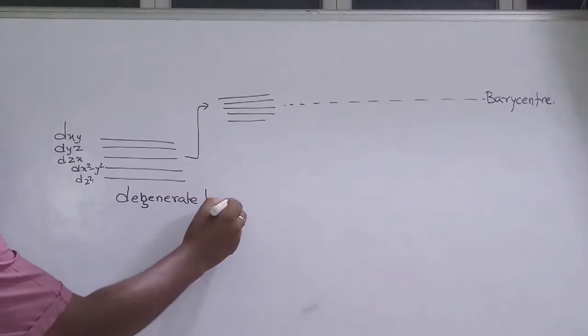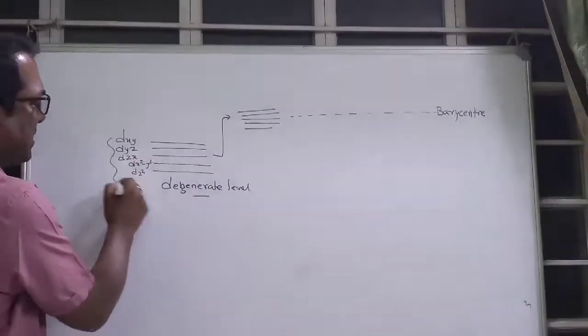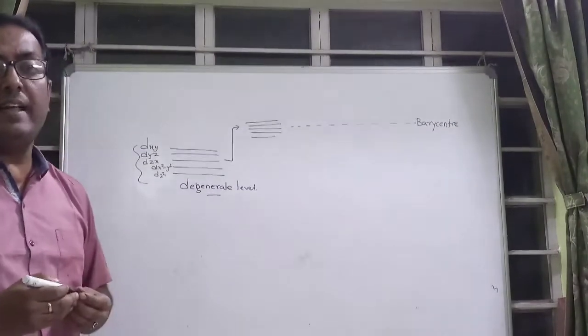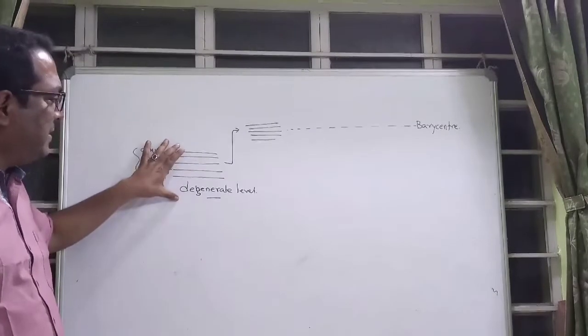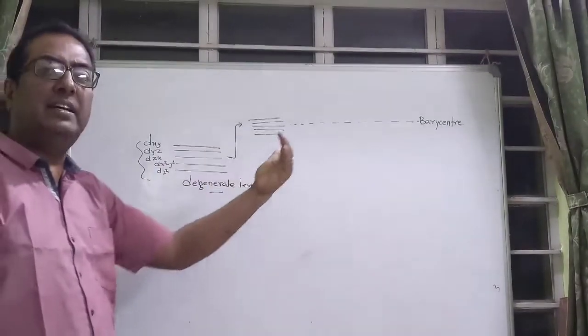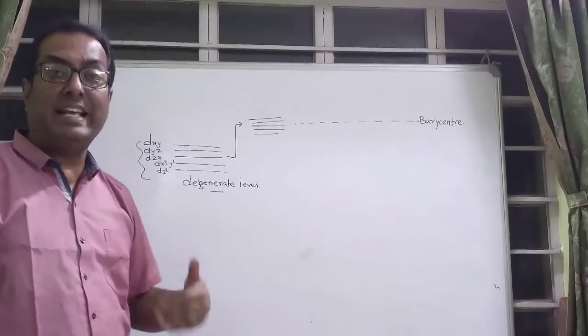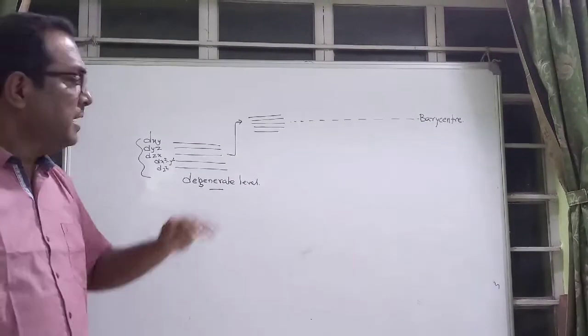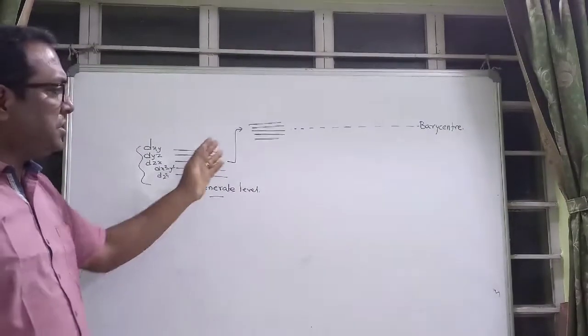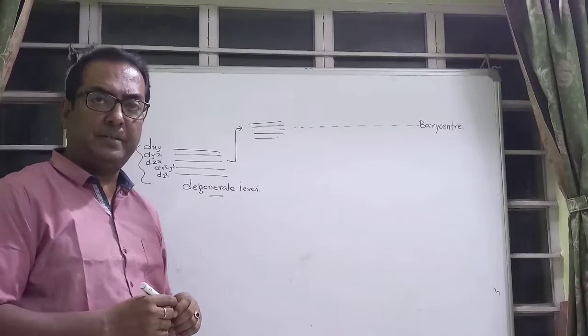When they were not being attacked by the ligand electrons, they are said to be in the degenerate level. But now when they are being attacked by the lone pair of electrons coming from the ligand to form a coordinate bond, they go to a higher energy. This is what we call the barycenter.